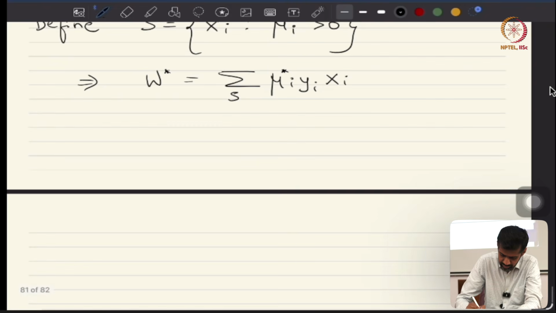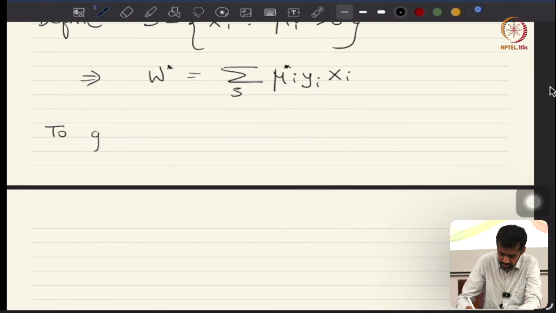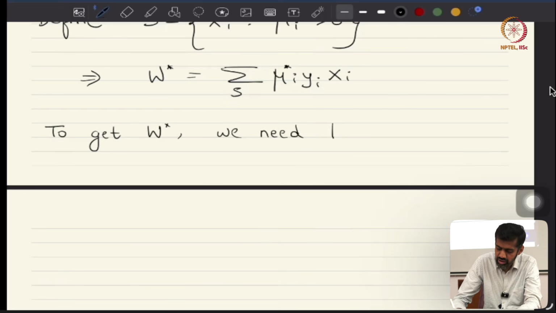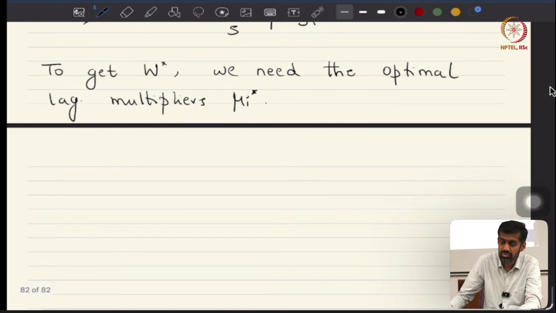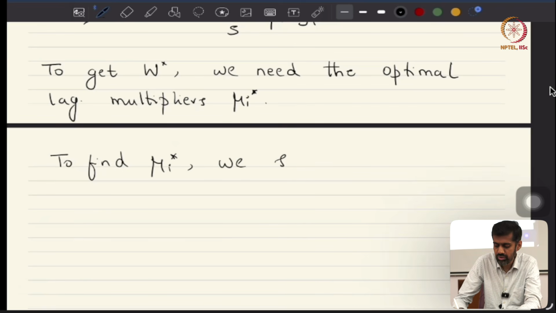Now to get w star, we need the optimal Lagrange multipliers mu_i star. Now to find mu_i stars, we solve the dual problem.